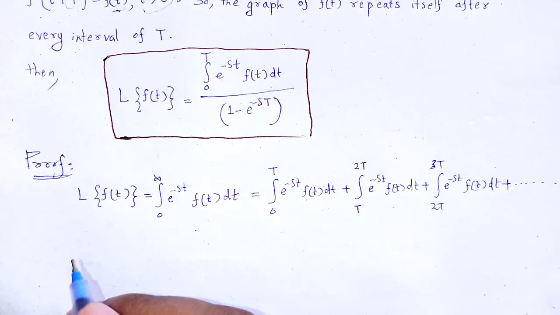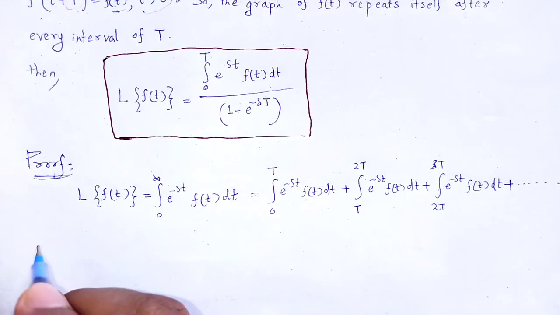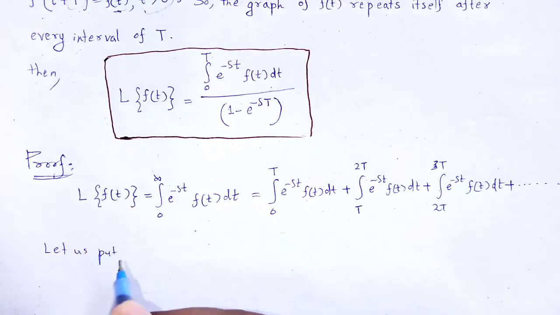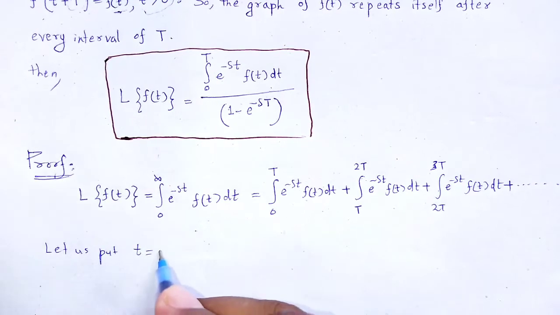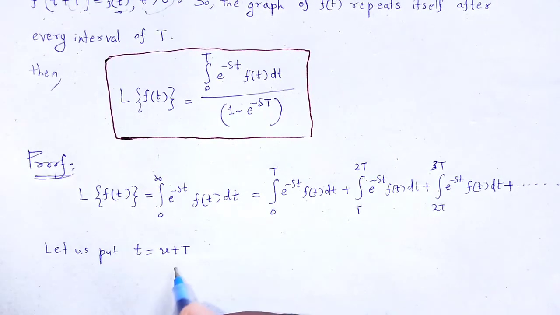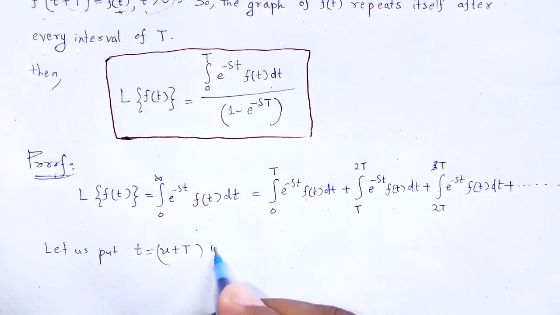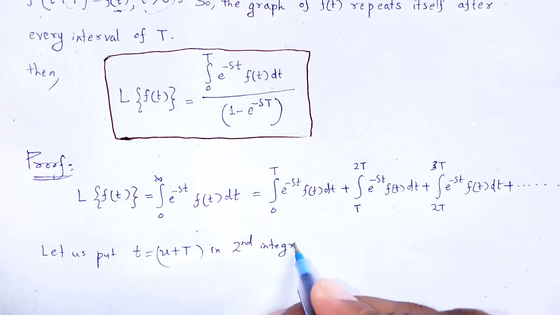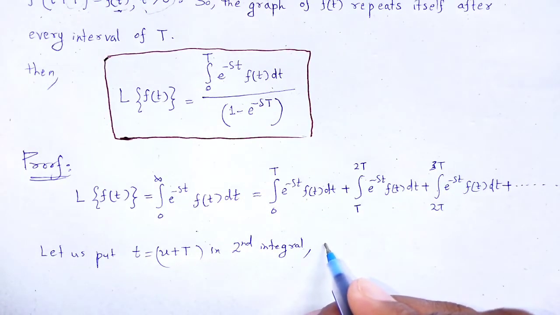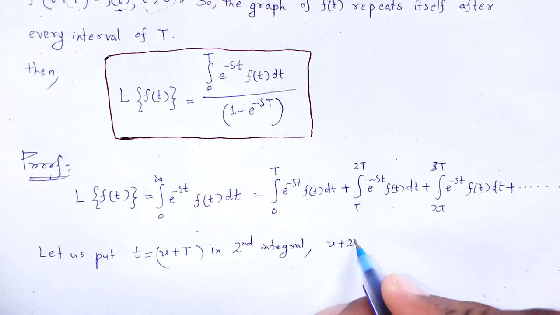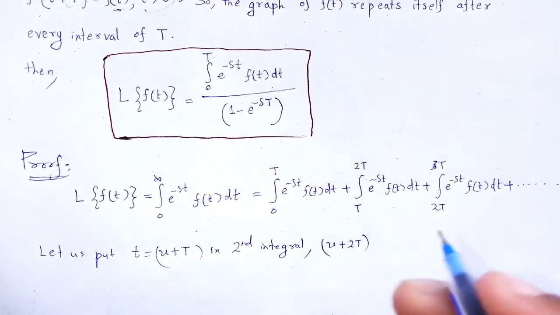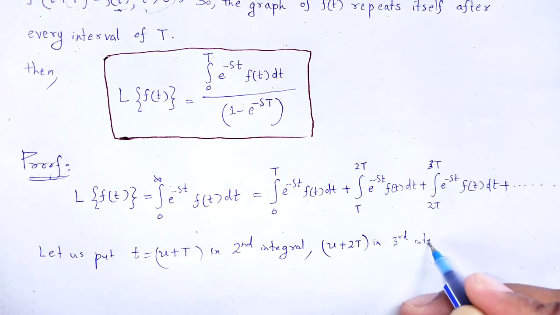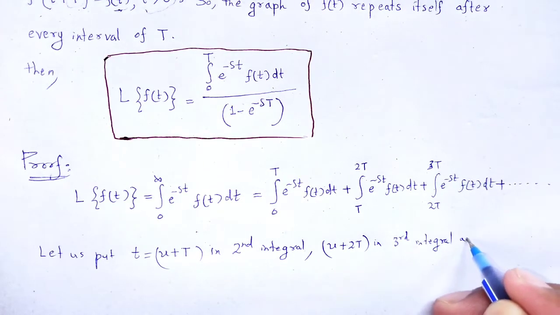We have to substitute. Let us put in place of small t as u plus capital T in the second integral, and u plus 2T in the third integral, and so on.